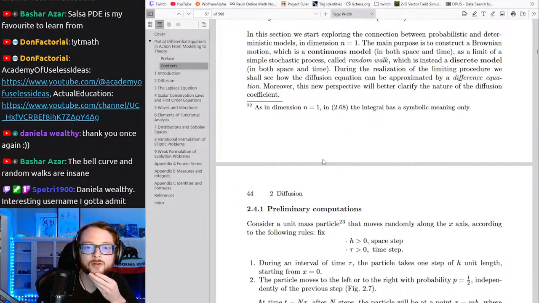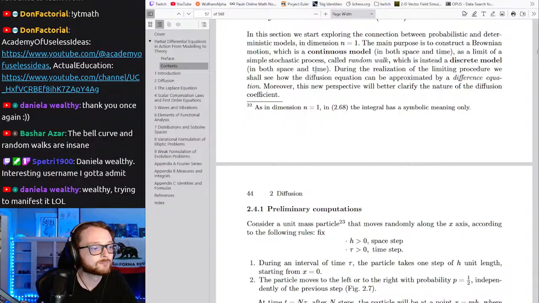Here we go. Trying to manifest it. I respect it. Huh. Approximated by difference equation. That makes sense, I guess.